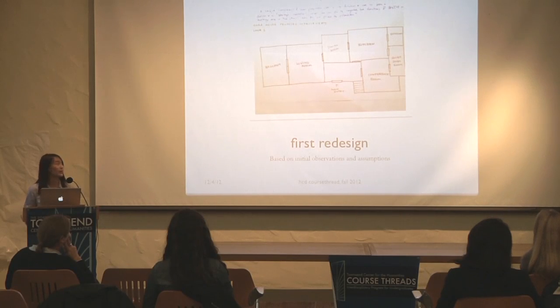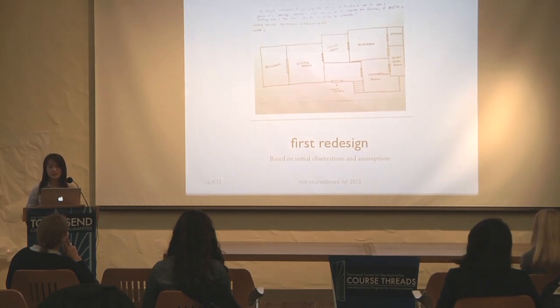Basically, it makes the common space bigger. It makes some of the rooms bigger, gets rid of the bedrooms on the first floor and uses them as common space. I had this assumption that the people in the house needed more common space, just because it was based on assumption.